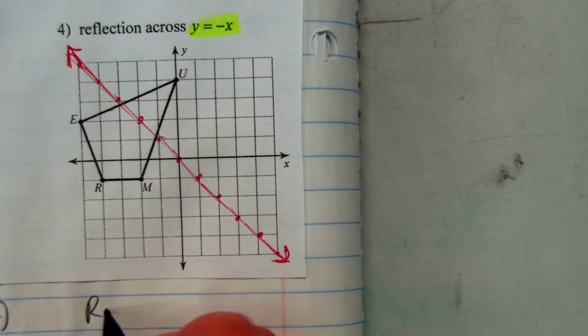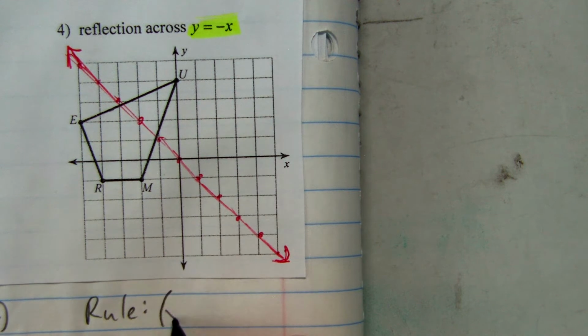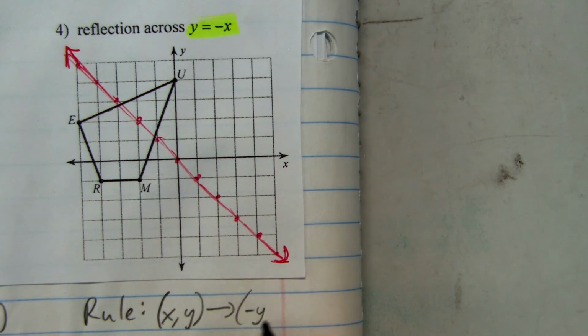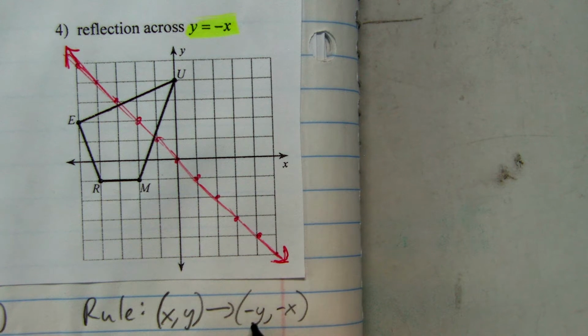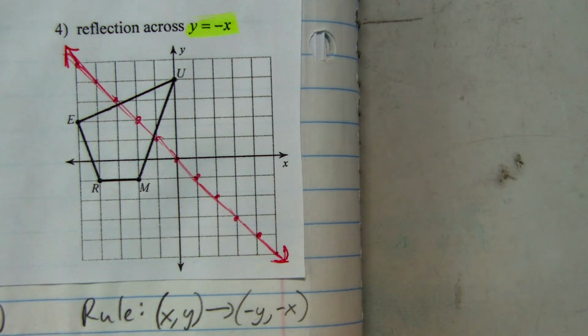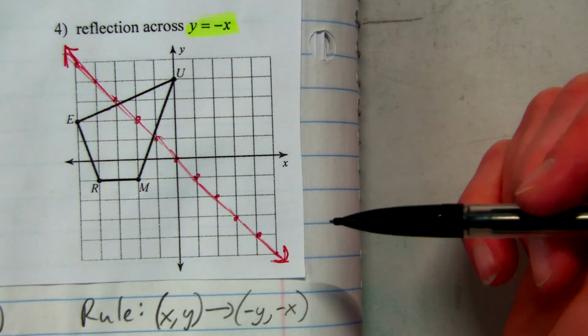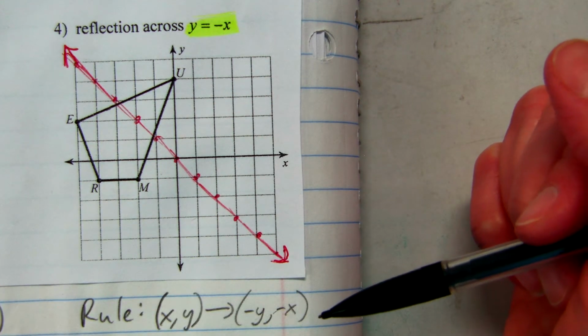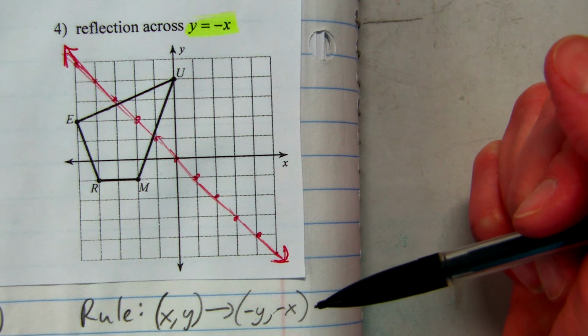So we said that the rule for this was you start with the original x and y, and then we're going to switch the x and y around and change both of the signs. So we'll just write that underneath this graph, and then we'll actually do it.